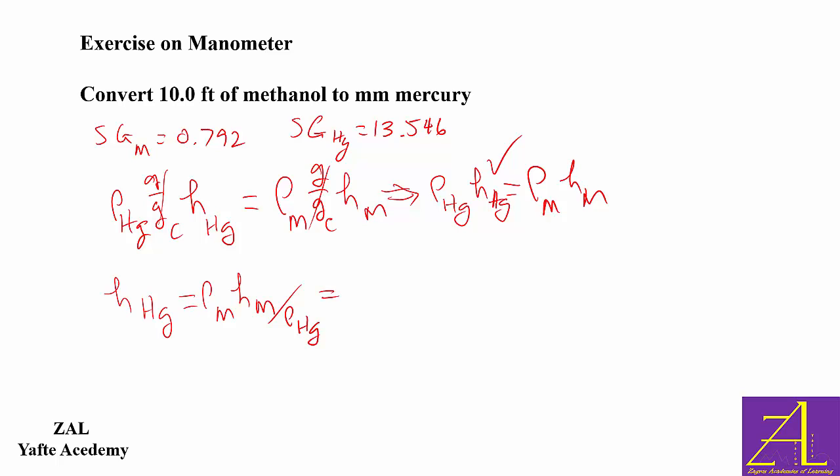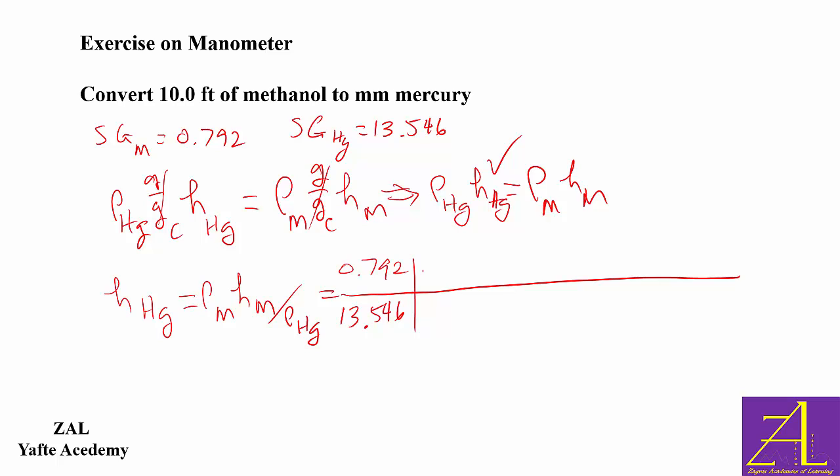I have the ratio of densities. The ratio of densities would be the same as the ratio of specific gravities. So therefore I have 0.792 for methanol divided by 13.546 for mercury.